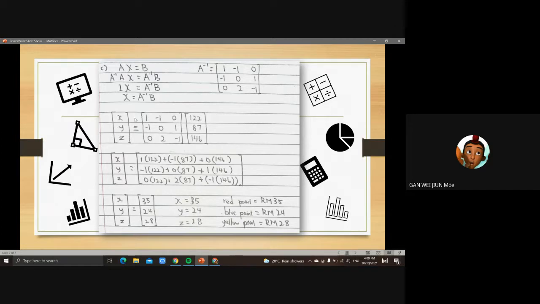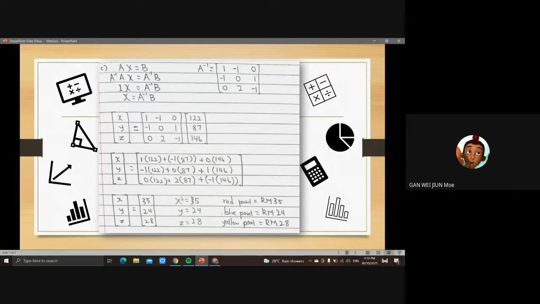So x, y, z equals the matrix 1, -1, 0, -1, 0, 1, 0, 2, -1 multiplied by 122, 87, and 146. As we multiply, we get x, y, z equal to 35, 24, 28.